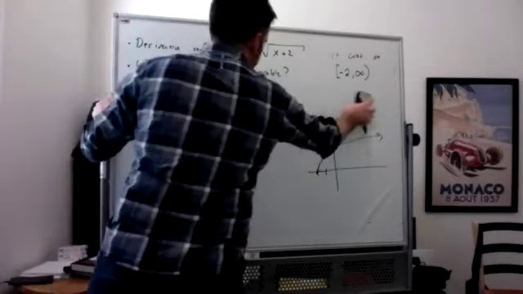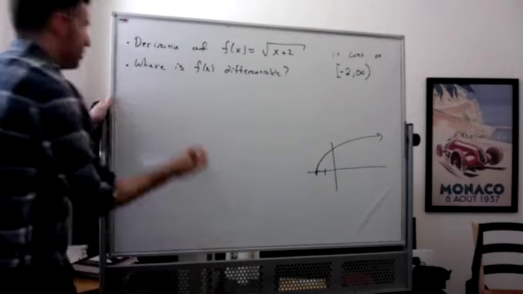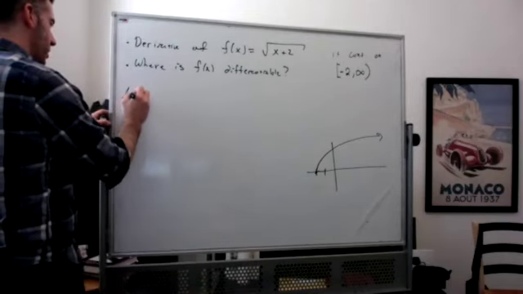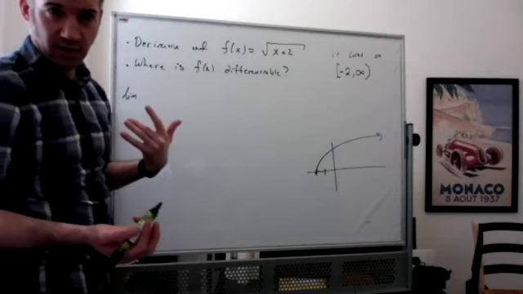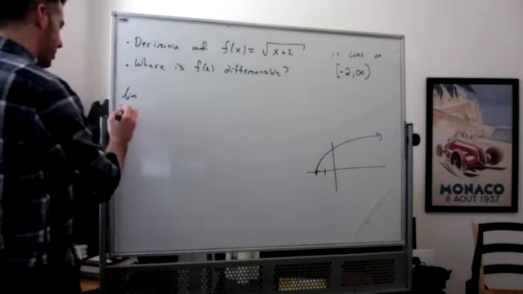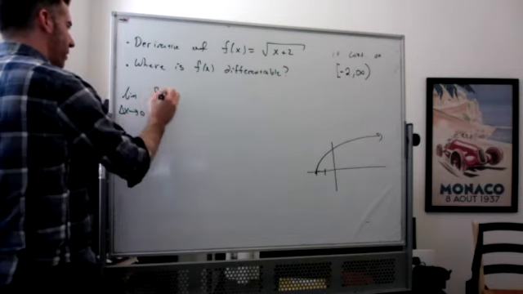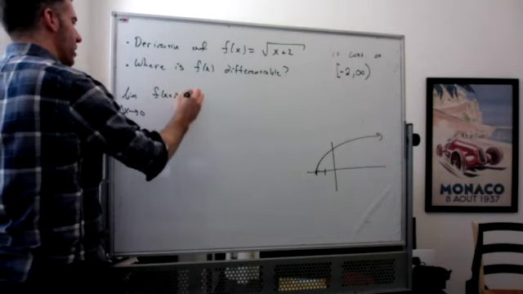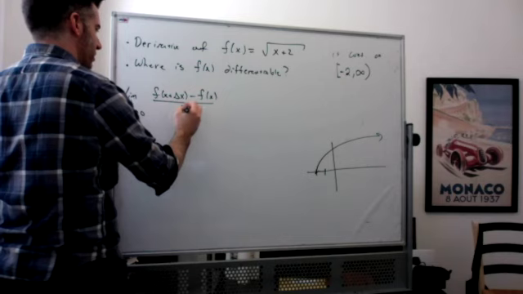Well, let's go ahead and find the derivative using the limit definition. So we take the limit, I'll use delta x this time, even though I don't love delta x. The limit as delta x goes to 0 of f of x plus delta x minus f of x over delta x.